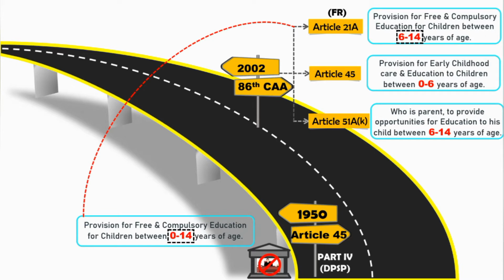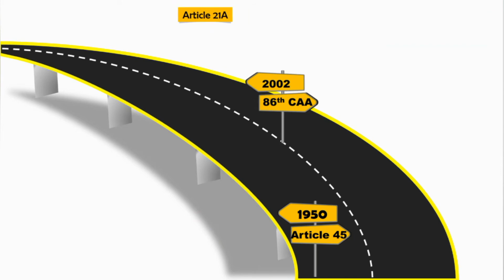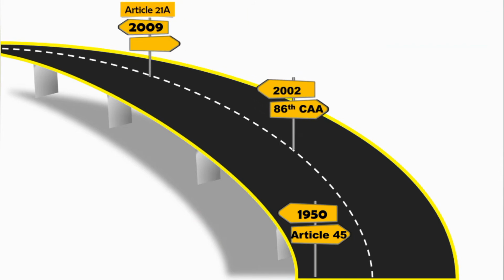Now this article, that is Article 21A, which was inserted as a fundamental right by 86th Constitutional Amendment Act of 2002, to give effect to the provision of this article, in the year 2009, Parliament passed Right to Education Act.